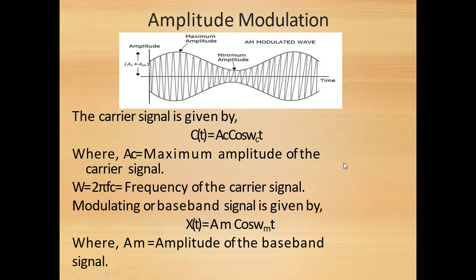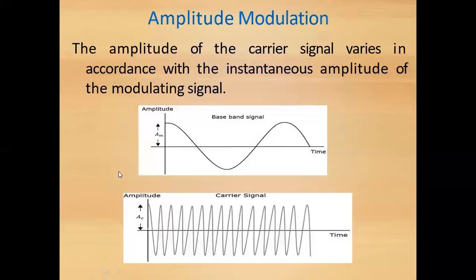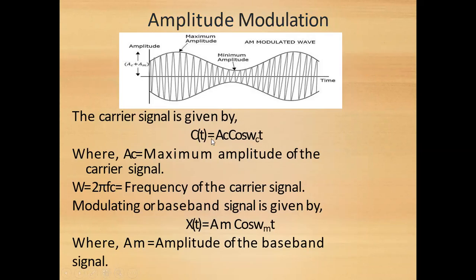Coming to the equation representation. Here, this is the carrier signal. As I said, cos 0 is 1, so we are taking it as a cosine signal. It is represented with C of t, as the name indicates, carrier. So, for easy analysis, we are representing it as C of t.